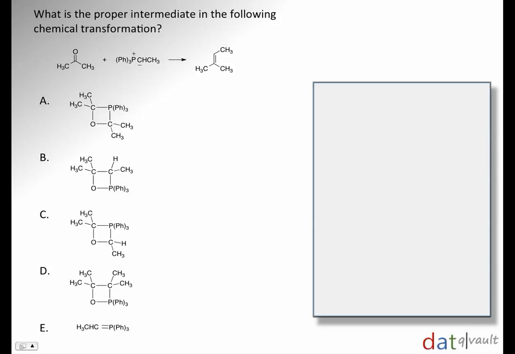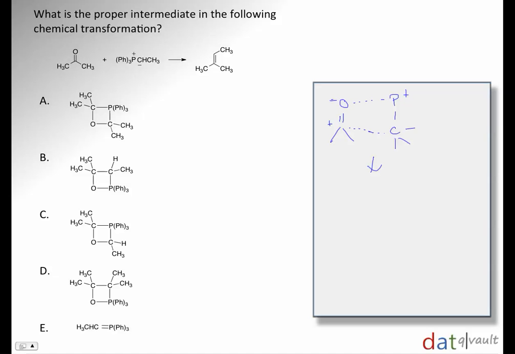So remember that the oxygen in the Wittig reaction of the carbonyl is going to have a partial negative charge, and the carbon's going to have a partial positive charge, and the phosphorus is going to have the positive charge, and the carbon is going to have the negative charge. So you form a bond here between the oxygen and phosphorus and the carbon and the carbon.